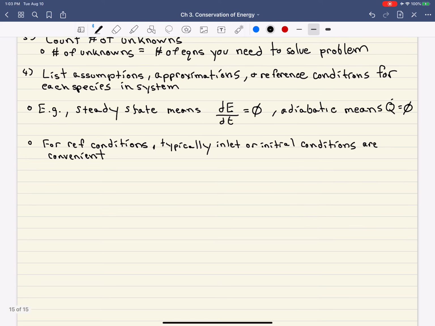All right, and so once you list out all your assumptions and what you're going to use for your reference conditions, step 5 is when you need to start applying your balance equations. So at this point, write down the appropriate form of balance equations.